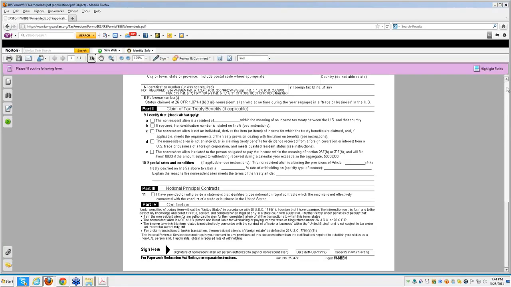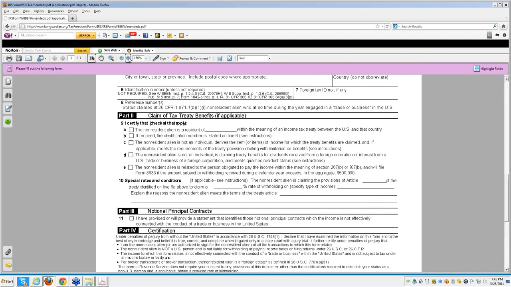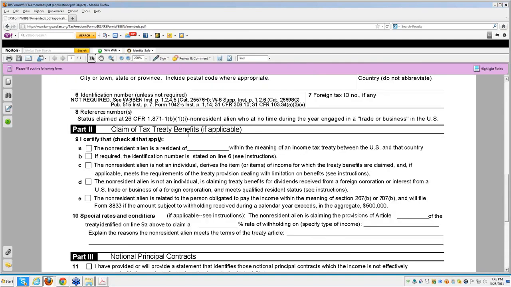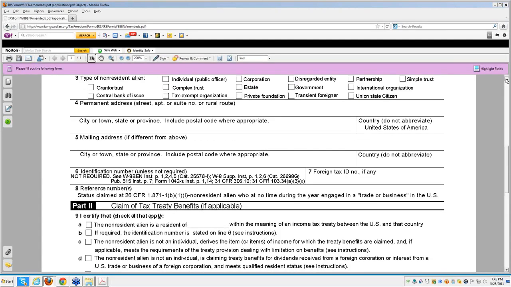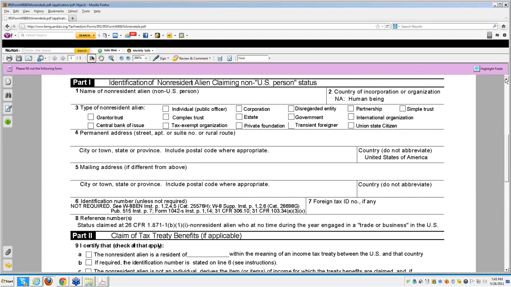You're not claiming a tax treaty, so you don't fill that out. So you don't fill out number 2. Yeah, it says claim. Number 3. It says claim of tax treaty benefits. Okay, but we're not doing that. How about national? You don't fill that out. Let's go up here to the top. Part 3? Principal contacts or some darn thing.